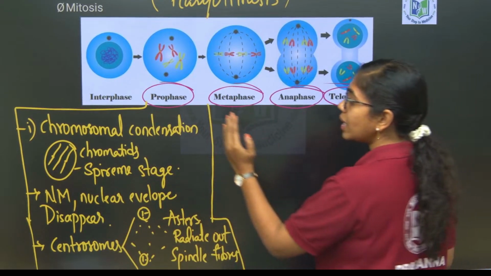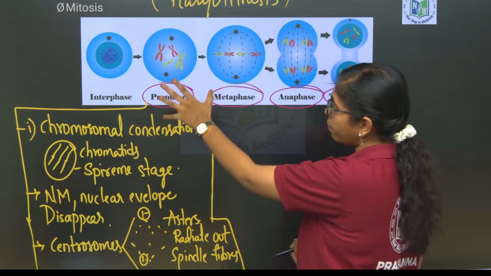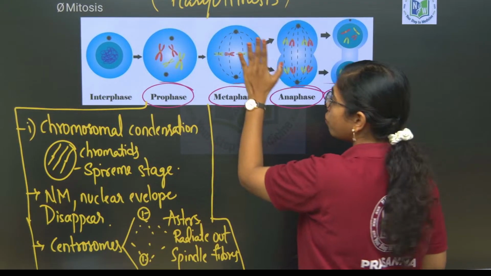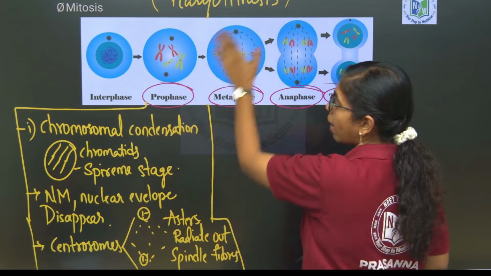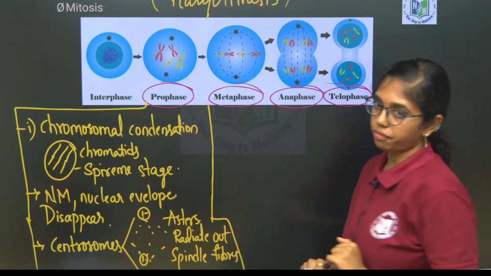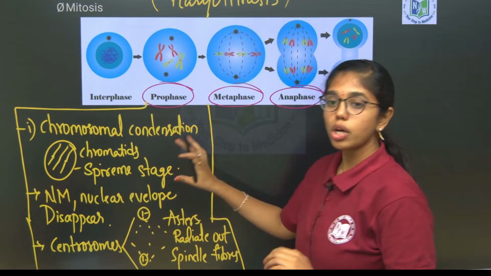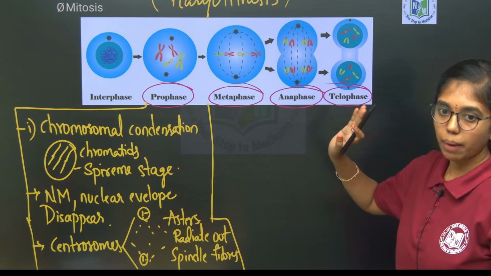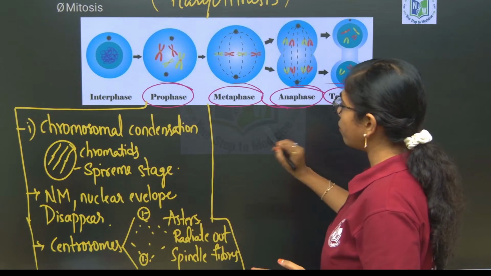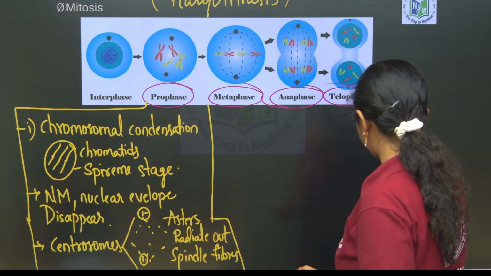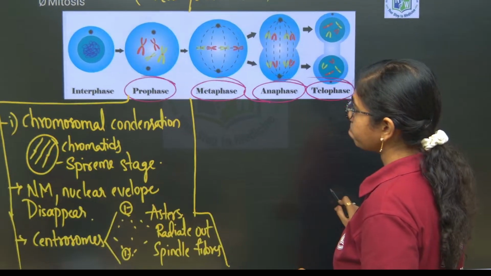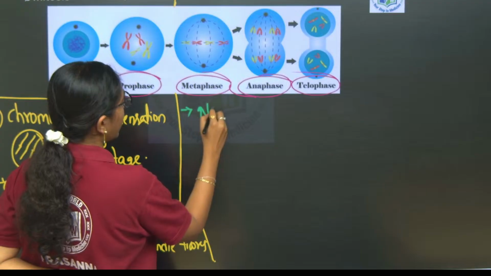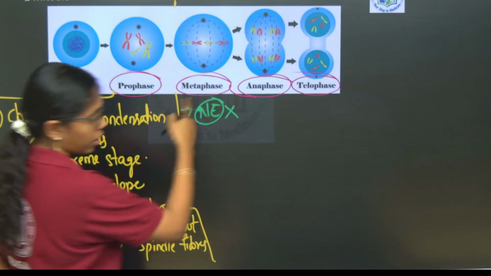We can only see the events that are happening under each stage, and there is a transition from one stage to the next. Complete disappearance of nuclear envelope will mark the start of metaphase.